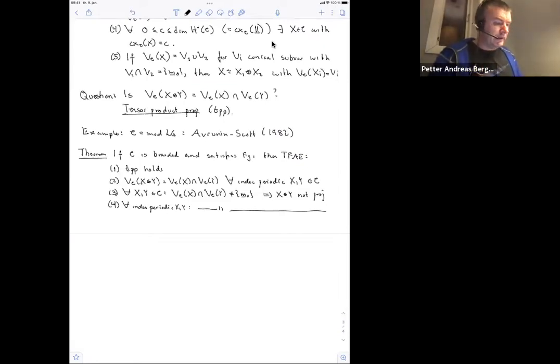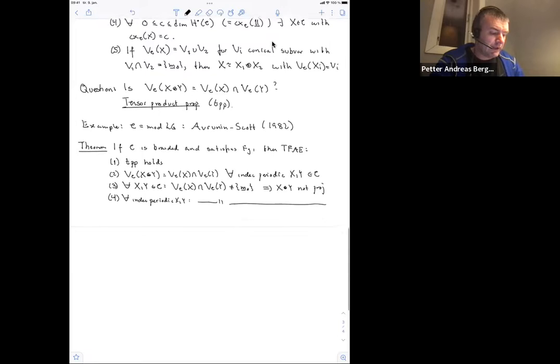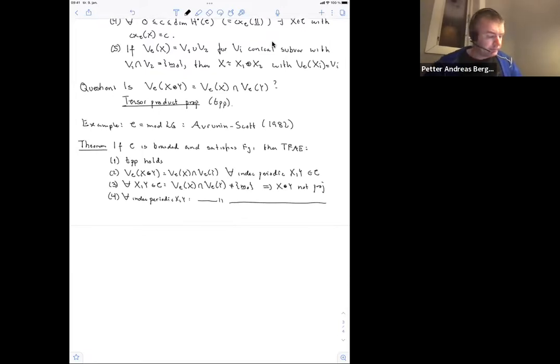So these are equivalent. So basically it means that when you want to check whether a finite tensor category satisfies the tensor product property, you only have to deal with periodic objects, which are objects of complexity 1, at least when they're indecomposable.